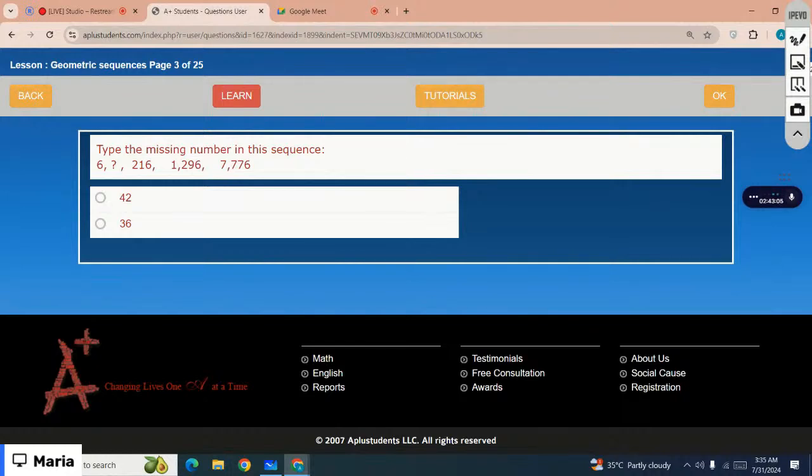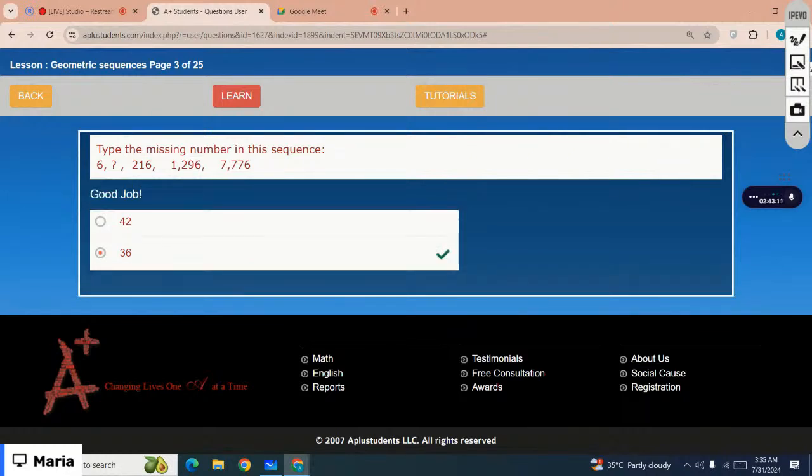They are the product of 6. So the missing number is 36. Option number 2 is the correct option.